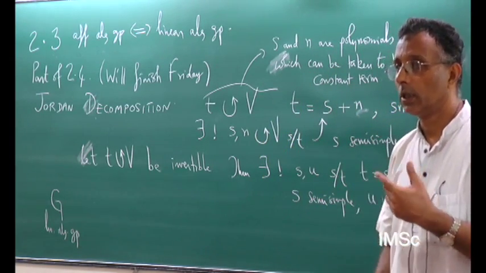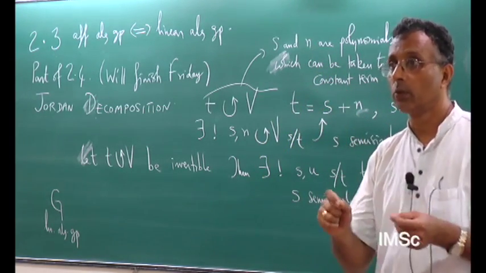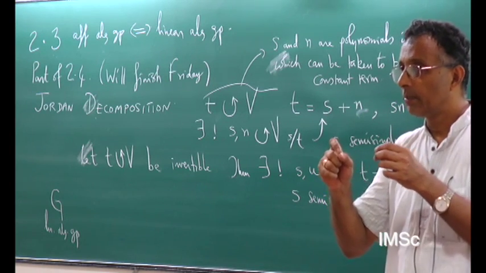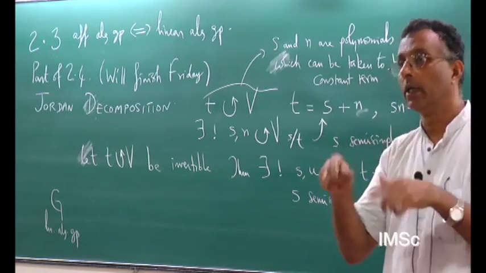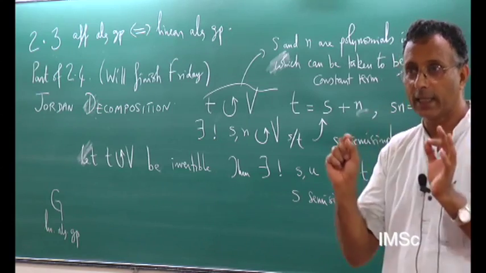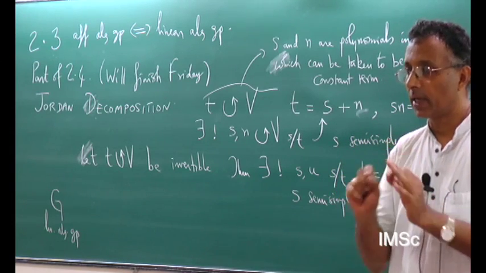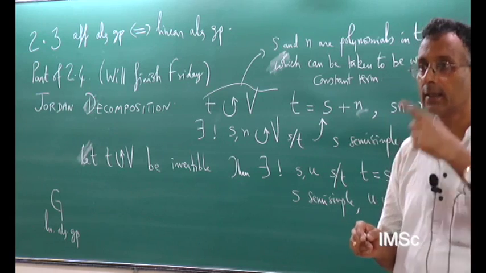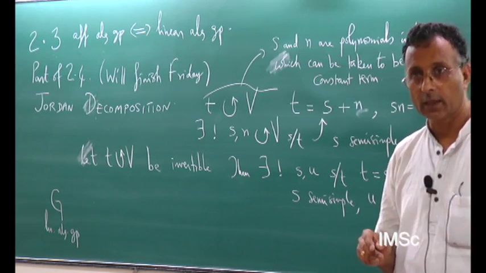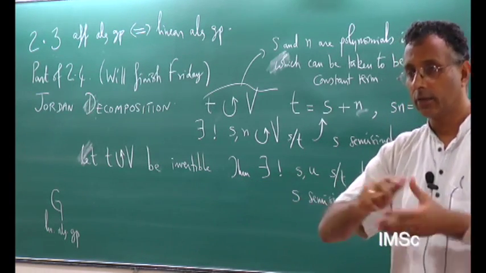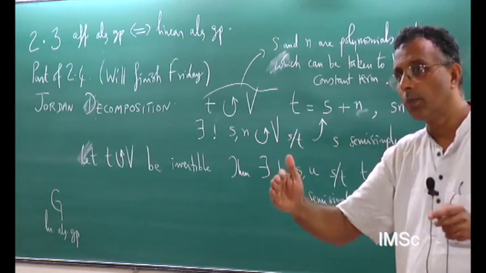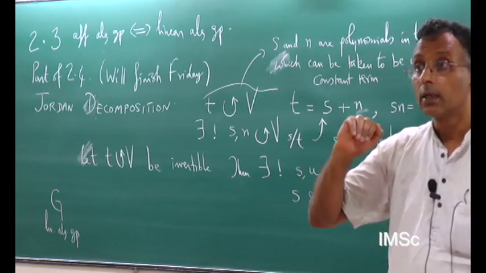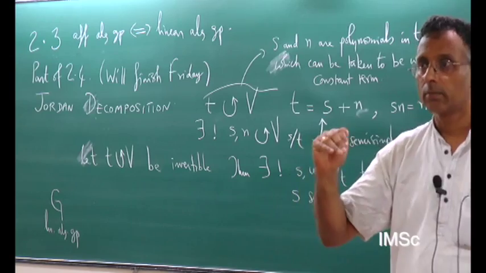So the content of 2.3 would be that give me any affine algebraic group, or what we have decided to call linear algebraic group, that is an affine algebraic variety which is also an algebraic group in the sense that it has a multiplicative structure on the points. If you look at the locus of points, it's a group, and the multiplication and the inverse map are morphisms of varieties.